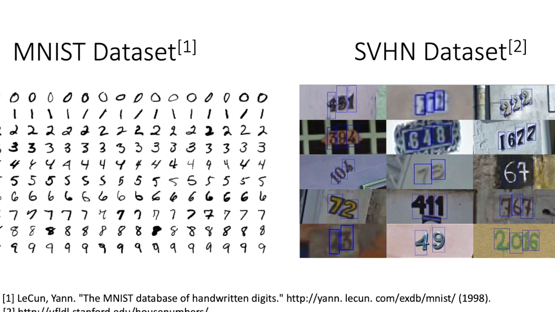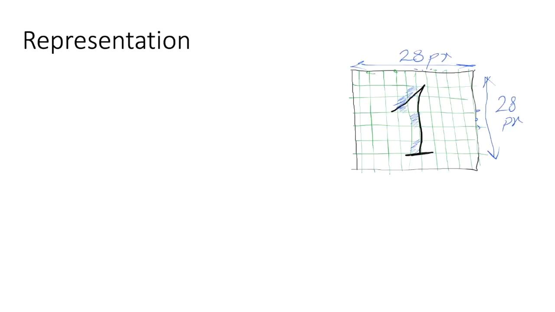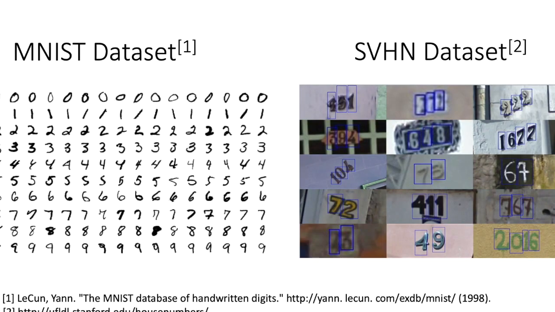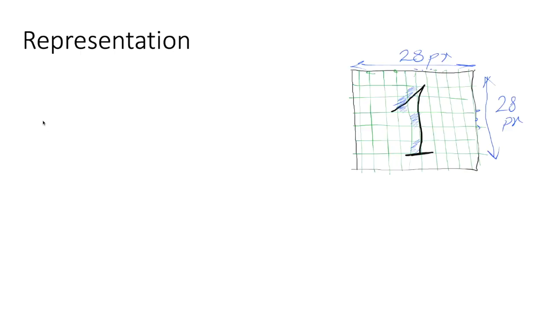For now, we have a quick example of the MNIST dataset and how we can represent it as an input to our linear model. If you take one of the handwritten digits, like digit 1 here, this one is 28 pixels, and I just drew some of the pixels for your information.